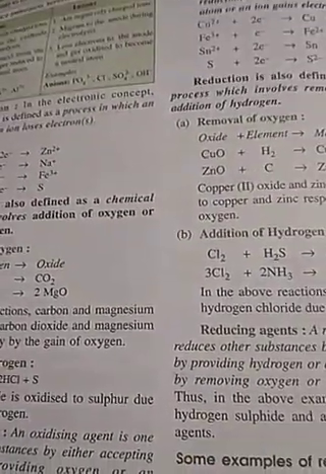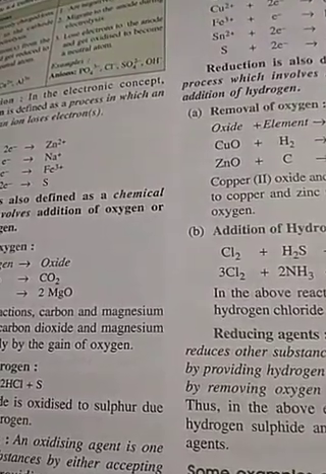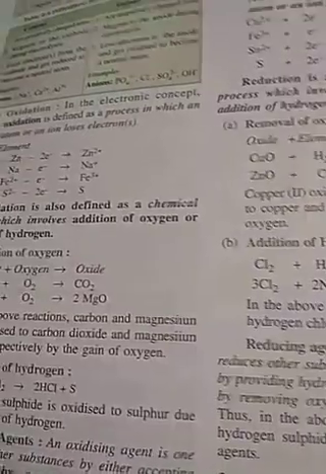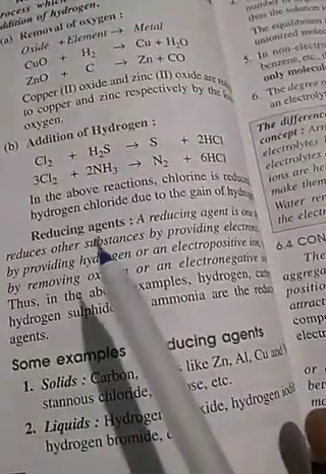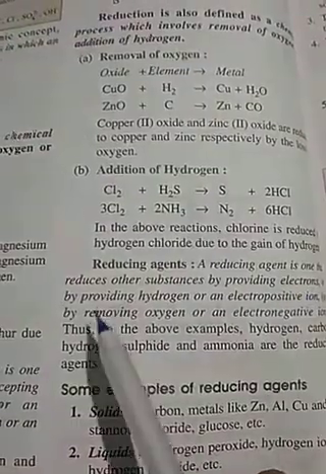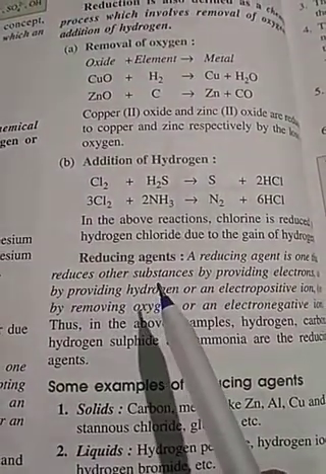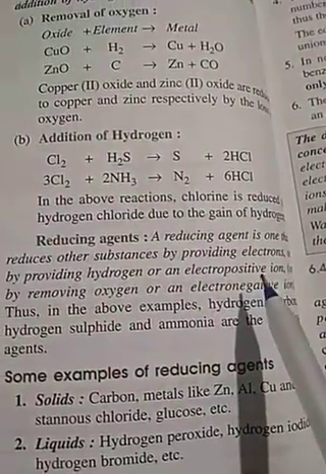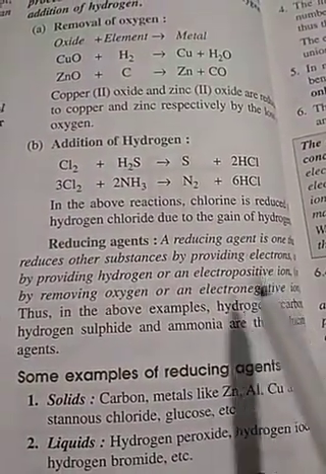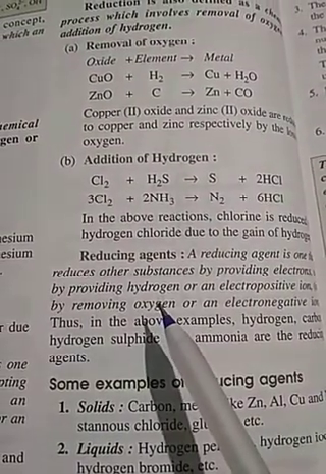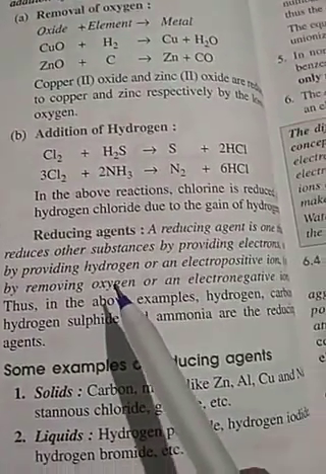It was the first question in section A. The first question was this one, the same one. So a reducing agent works by providing electrons, or by providing hydrogen, or electropositive ions, or by removing oxygen.